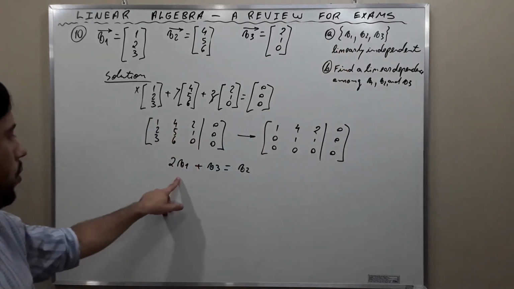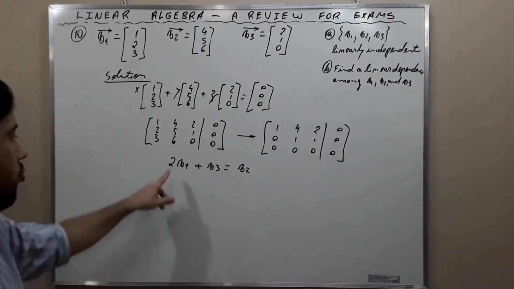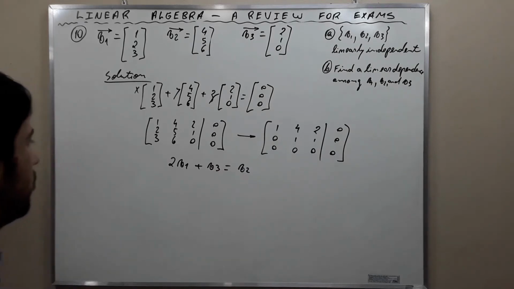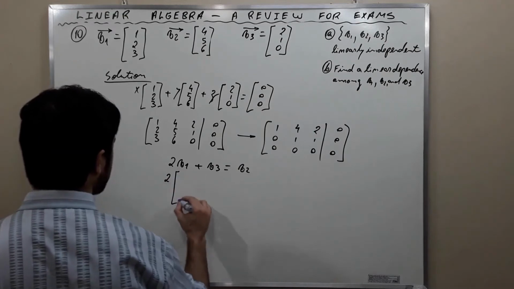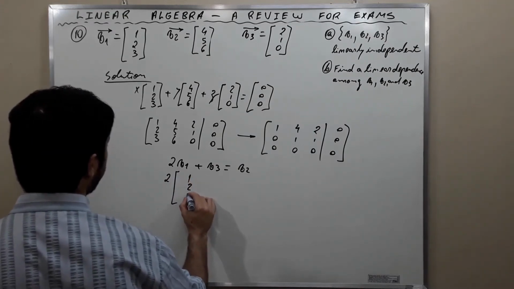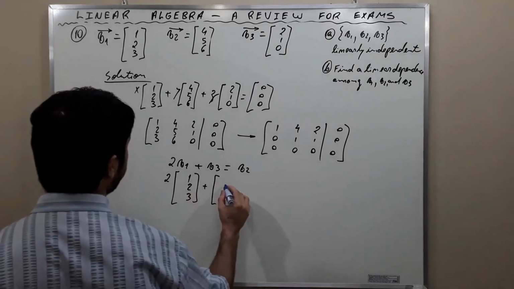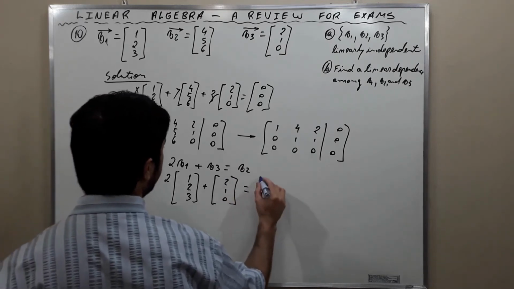And we will assess whether this combination, 2 times v1 plus v3, does produce v2. Okay? So 2 times v1 plus v3 equal to v2.